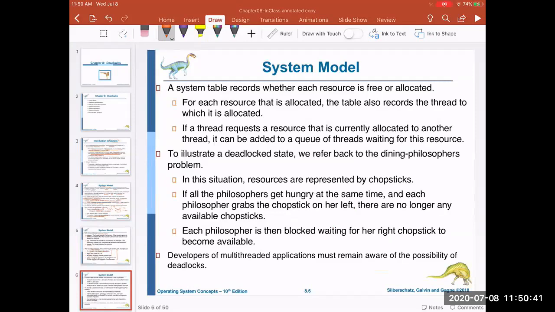To illustrate the deadlock, as we have discussed, deadlock is a state where no process in a set is making progress. It means that all are waiting indefinitely and the system is at a halt.